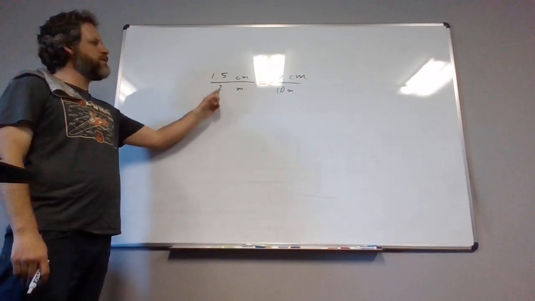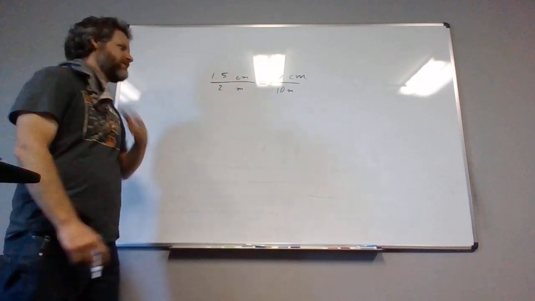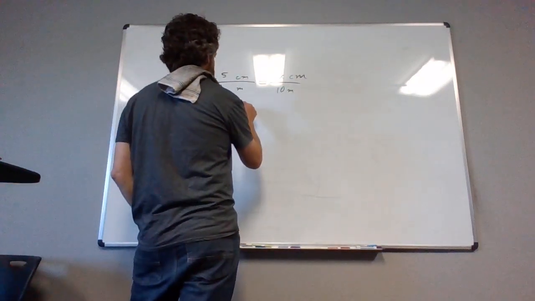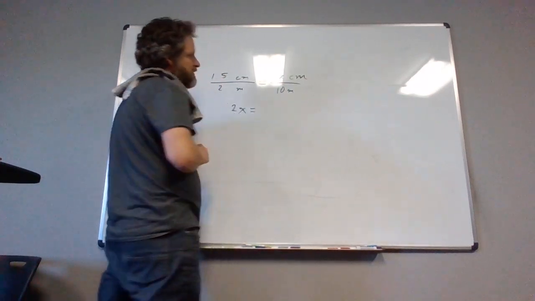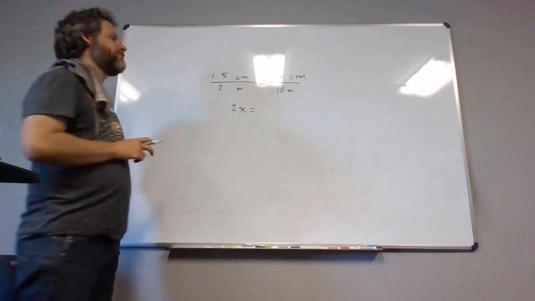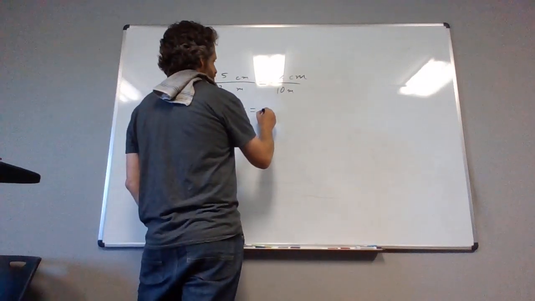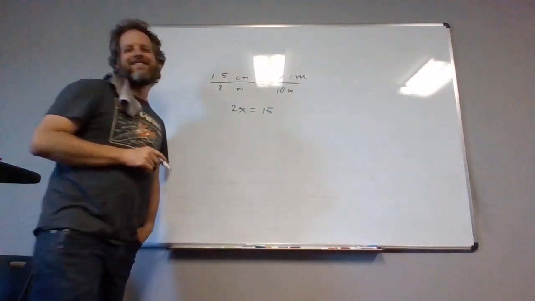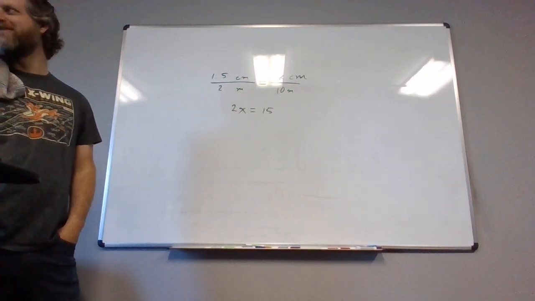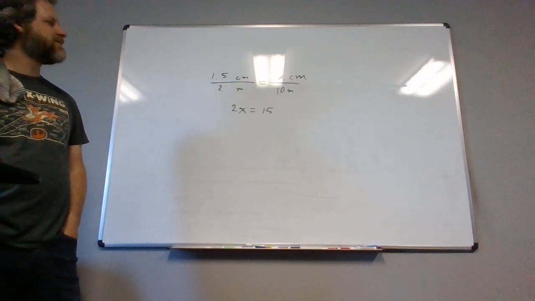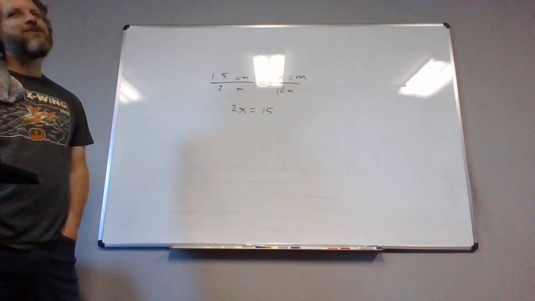So we can do 2 times x, which gives us what? 2x. 1.5 times 10 is what? 15. Yeah. I would argue you didn't even need your calculator for that. But that's fine. Multiplying and dividing by powers of 10 are easy. Just shift the decimal place around. You got calculators. It's okay.